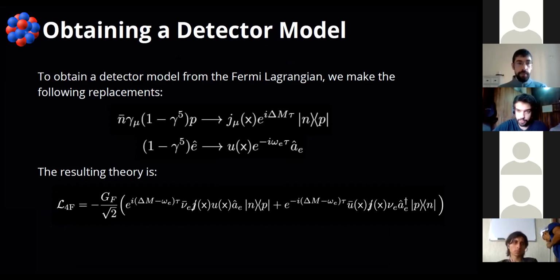So for that, we need to make 2 replacements or 2 assumptions. The first one is that we want to change this neutron-proton term to a hadronic current term, and that evolves according to the difference of mass between the neutron and the proton. The reason for this is that we will assume the neutron and the proton to be way heavier than anything else, because they are.